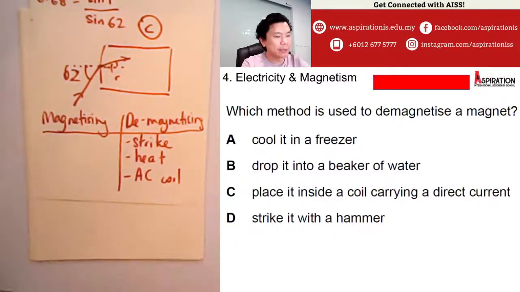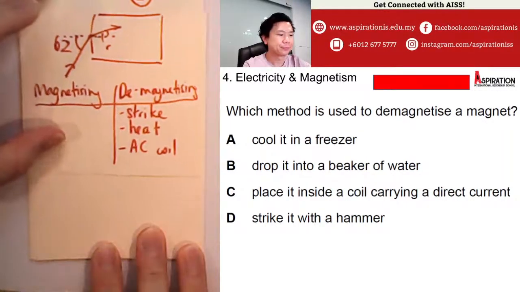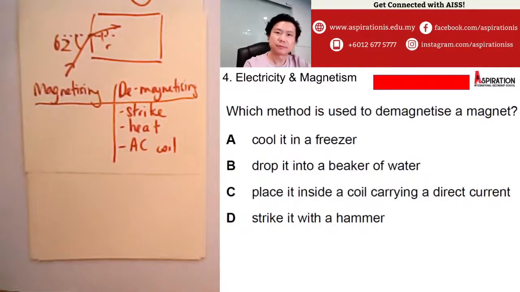What about magnetizing? How many ways can you think of? For magnetizing, how many ways can you think of? Can you list down all the ways of magnetizing a magnet?